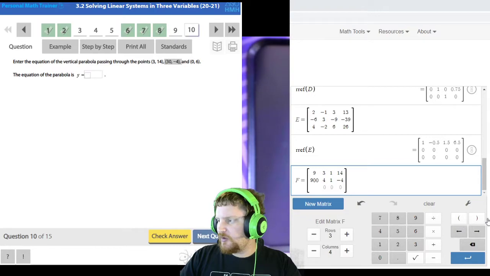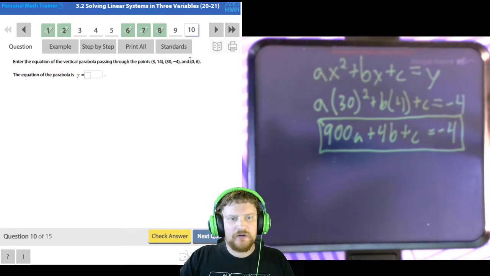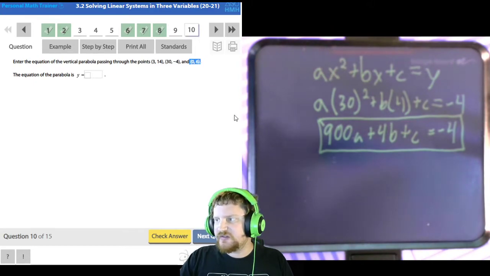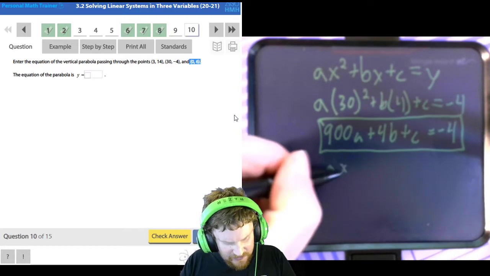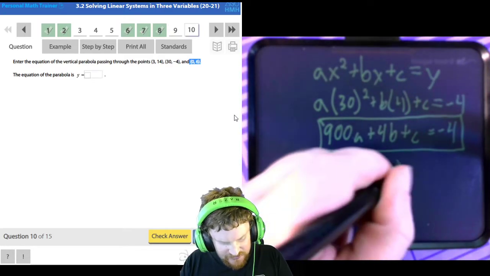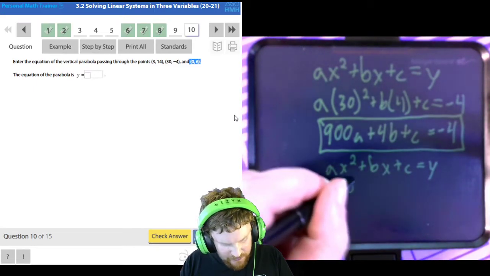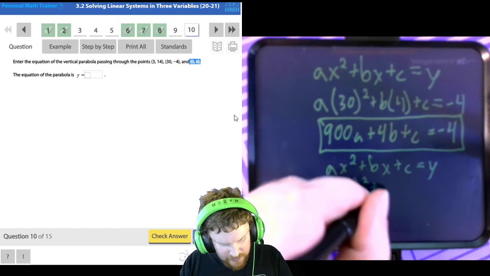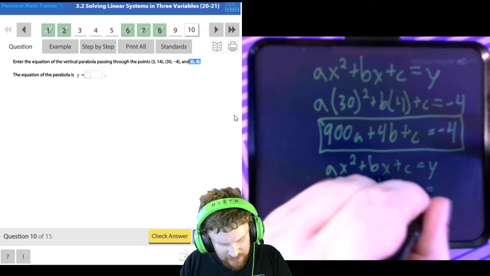My third equation is going to be this third point, 0, comma 6. So I've got ax squared plus bx plus c equals y. A times 0 squared plus b times 0 plus c equals 6.